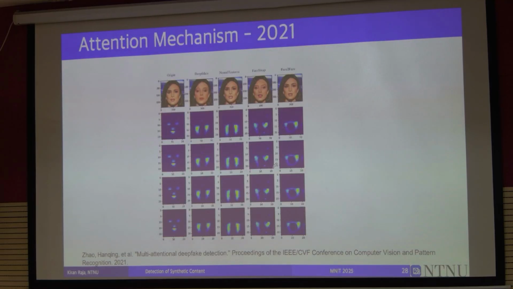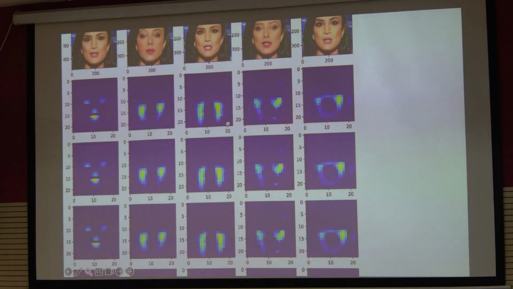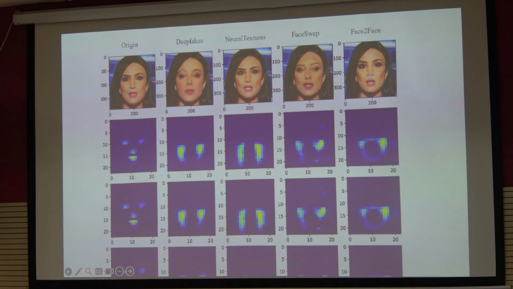The nice thing about this work was that it was also able to localize where exactly the manipulation has appeared. For instance, if you look very closely into this, this one is Face2Face.